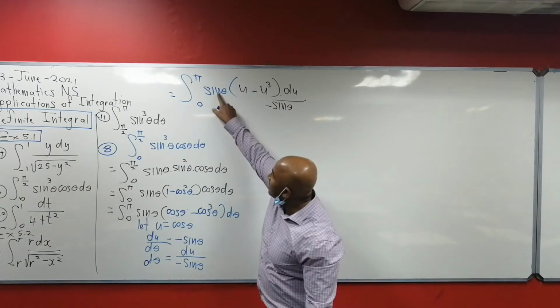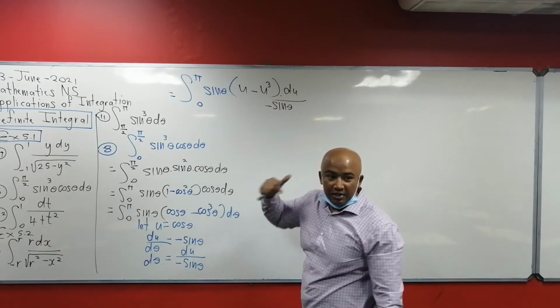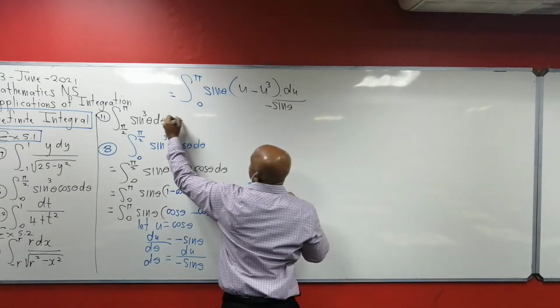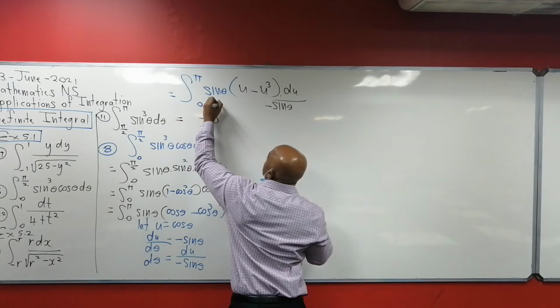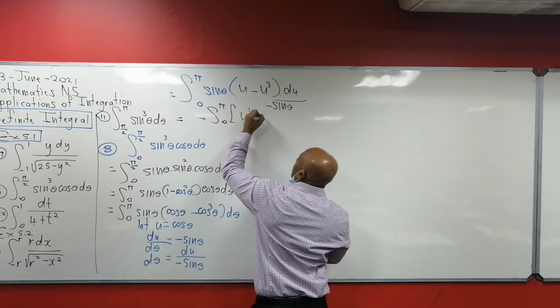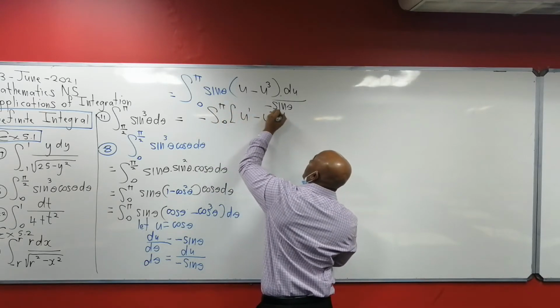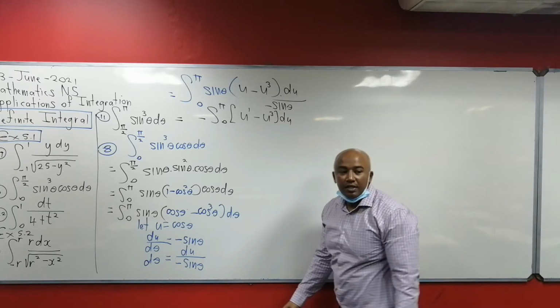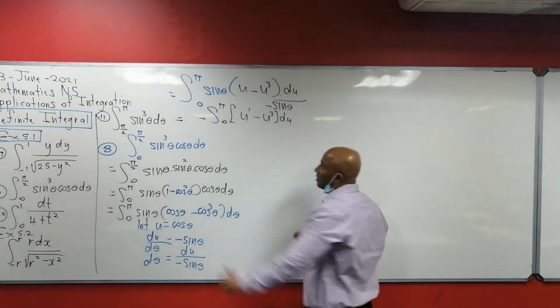So what happens here is sine theta and sine theta will cancel. So I end up with minus the integral from 0 to pi, u to the power 1, u to the power 3 du, and now I can integrate.